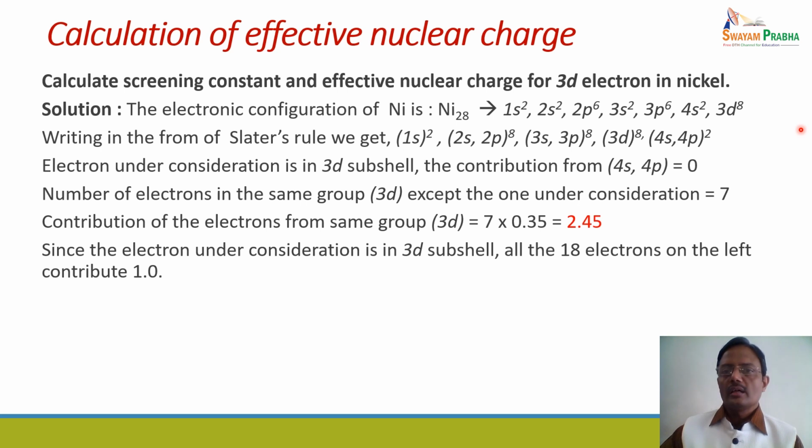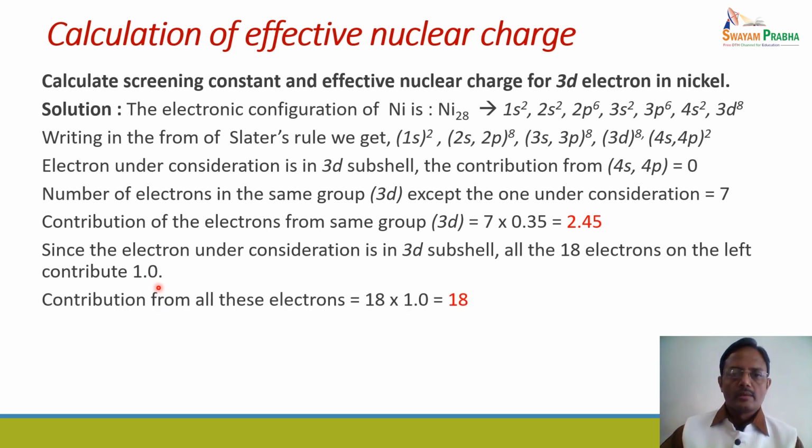Now, since the electron under consideration is in the 3d subshell, all the electrons on the left hand side of these will contribute 1 each according to Slater's rule. Hence for d electrons, the electrons present in the left side groups, 2 plus 8 plus 8, that is 18 electrons, contribute 1 each.